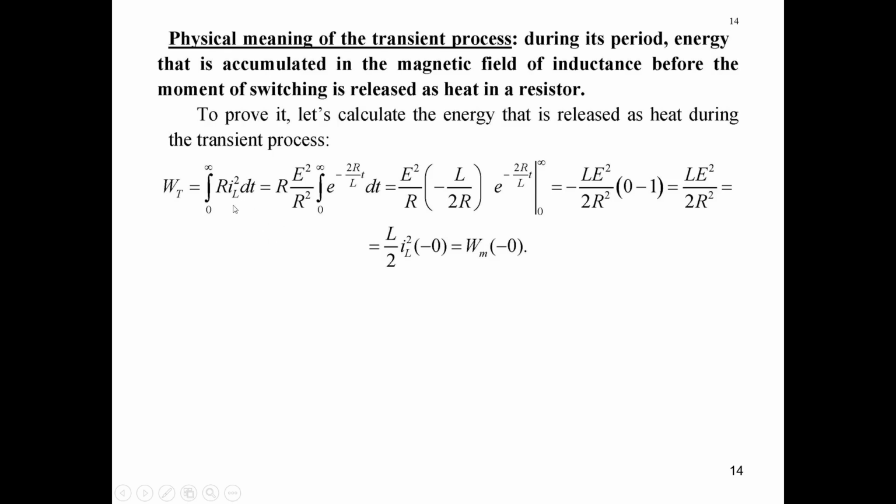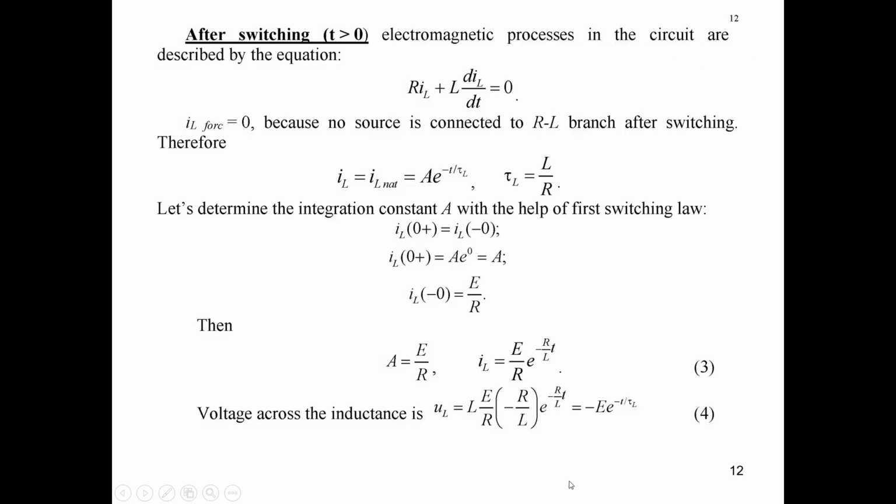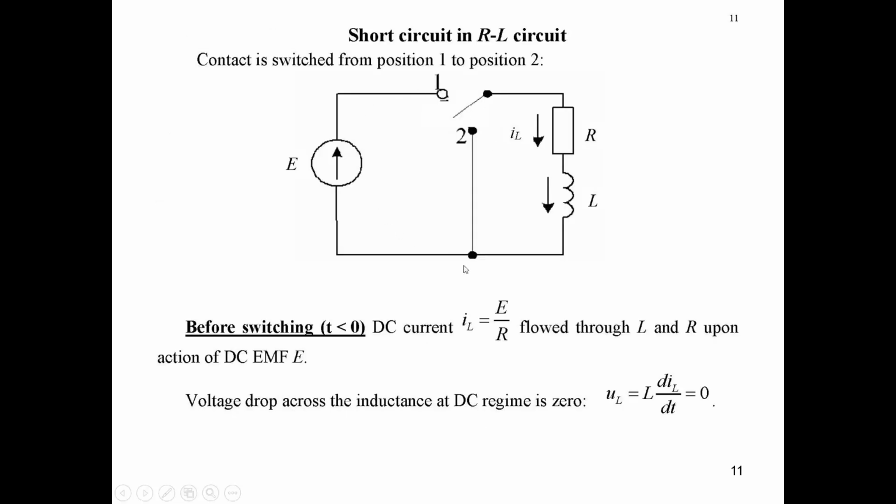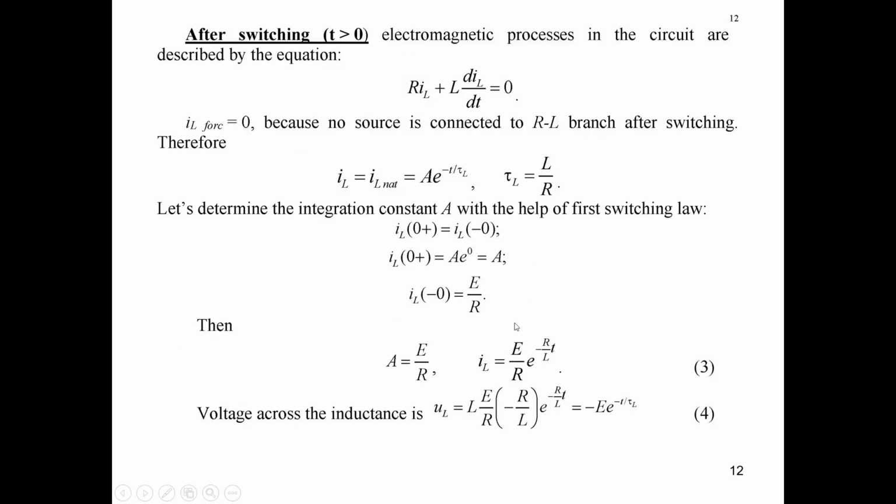Let's substitute here the values of I_L squared which we got from the solution of the differential equation which depicts electrical processes in this contour after commutation. You see, this value should be substituted as current squared.